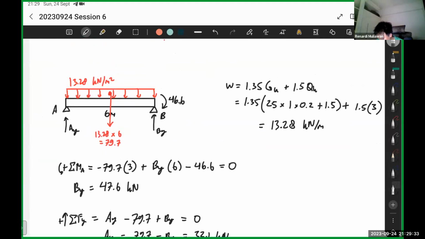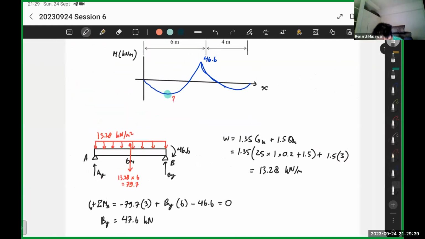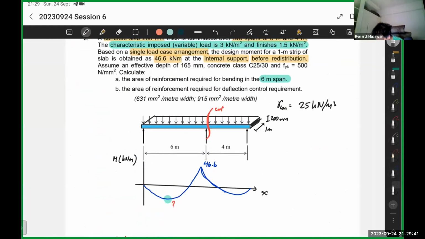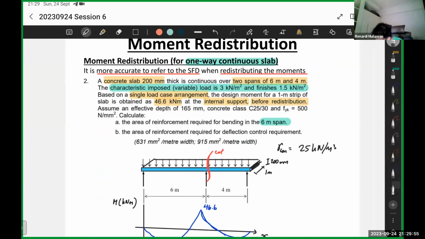Oh shoot, I made a mistake. Oh man. Okay, sorry, 46.6 is the bending moment before redistribution. So if you want a redistribution, is it given here how much? No, right? Oh my gosh.